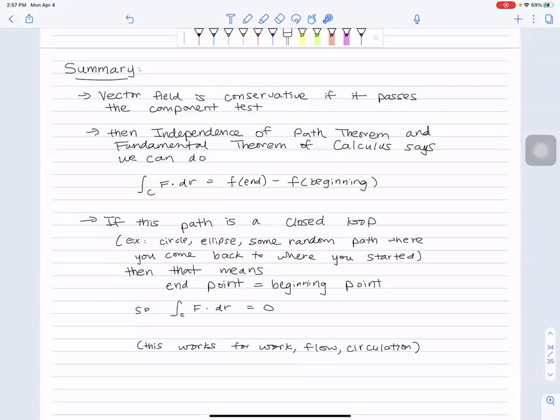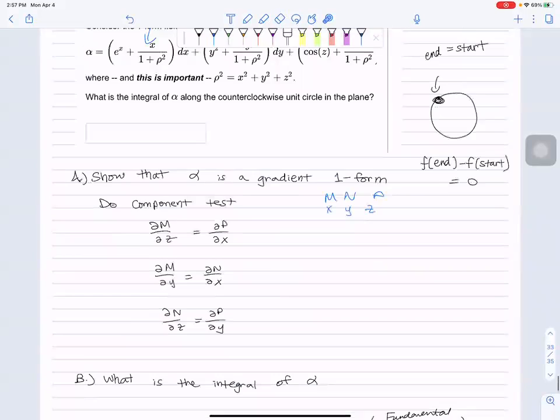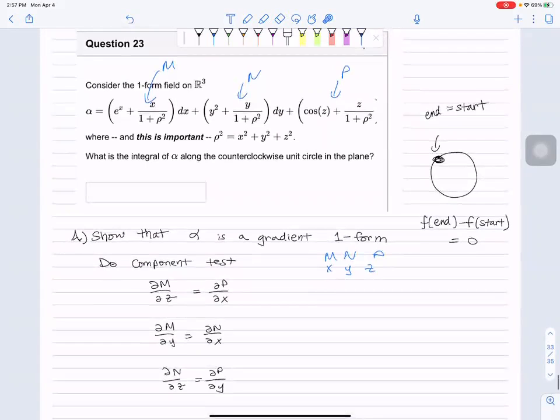Yes. If your function wasn't a gradient one form, wouldn't you be able to do the trick? Yeah, because the independence of path theorem only works if it's conservative, or if it's a gradient.